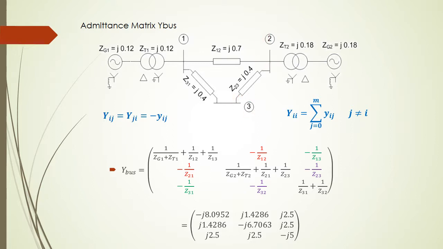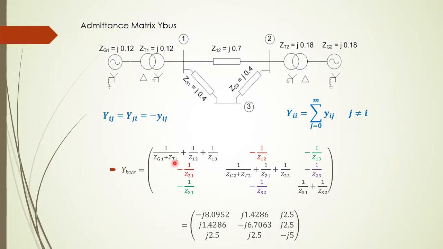So for example, for Y11, the element equals the admittance from the neutral to bus 1, which consists of the generator and the transformer T1 in series.